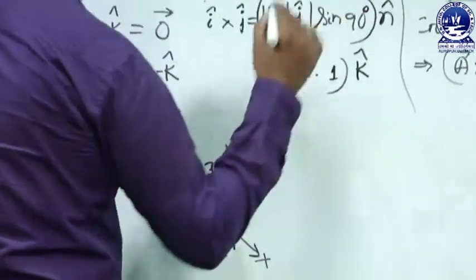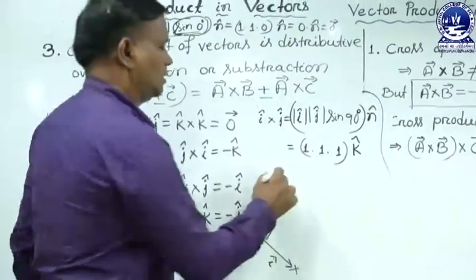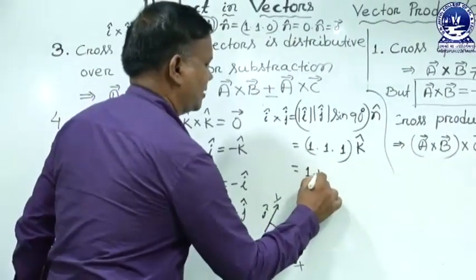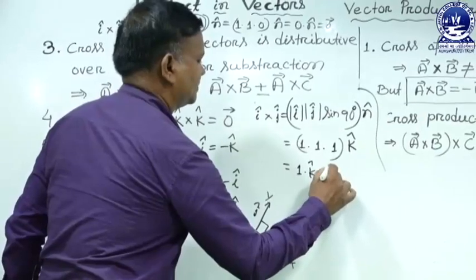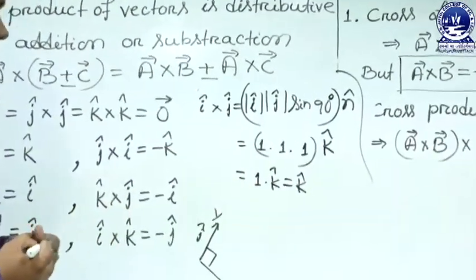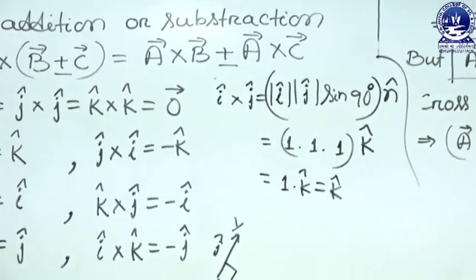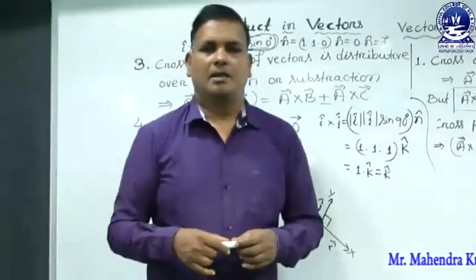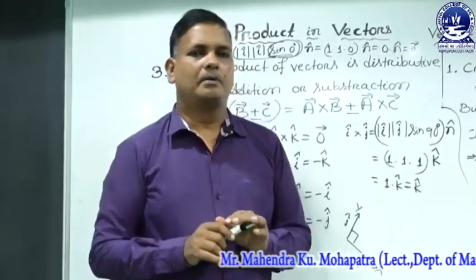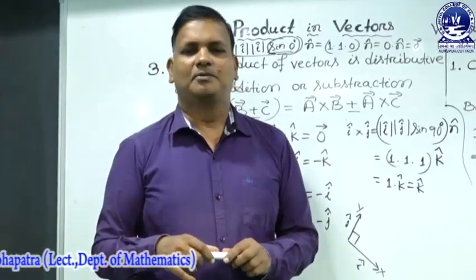So here n cap is equal to k cap, which is 1 into k cap, and the answer is k cap. So i cap cross j cap is equal to k cap. Similarly, we can prove the other results. So the properties of vectors are complete. Thank you all.